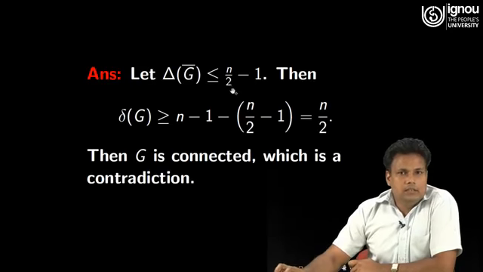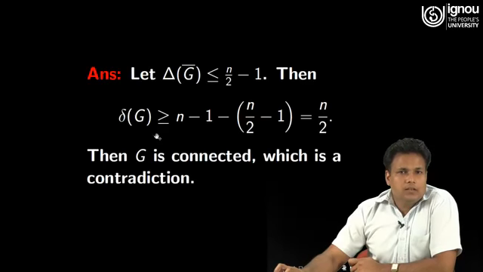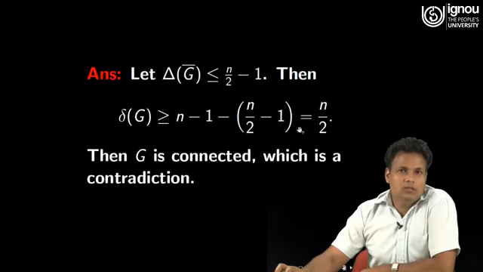Now, this means that the minimum degree of G becomes at least n minus 1 minus the maximum degree of G bar, and this quantity becomes equal to n by 2. And you know that if any graph has minimum degree at least n by 2, then that graph is connected. So, this is a contradiction, because we have assumed that G is disconnected, and hence the maximum degree of G bar is at least n by 2.